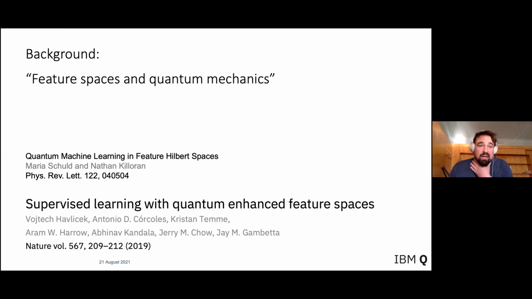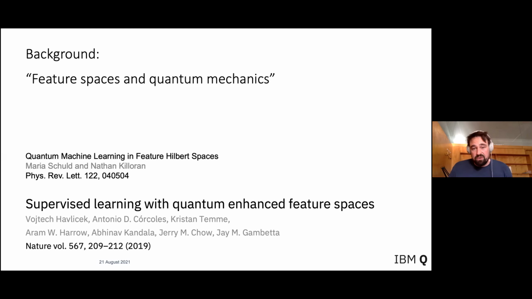We're motivated by the thought of thinking about feature spaces in the context of quantum mechanics. About 2 to 3 years ago, two papers came out, both of which made the observation that there's a very convenient confluence. People in feature spaces want Hilbert spaces, and nature provides them in the context of quantum mechanics.